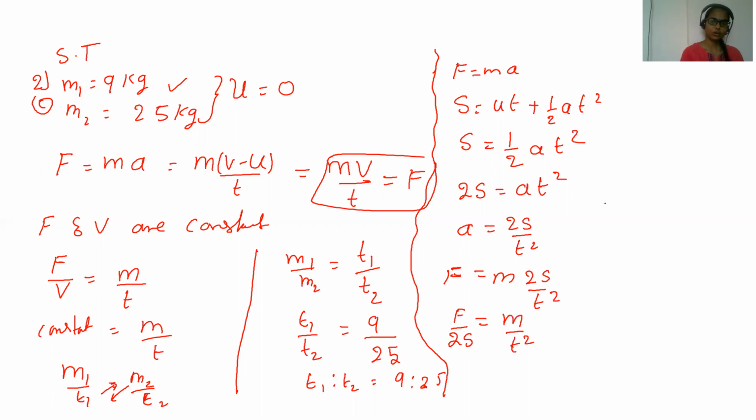F is constant and s is constant, so this entire term is constant. So m by t square is constant. Now we can write m1 by t1 square is equal to m2 by t2 square. Understood, children?